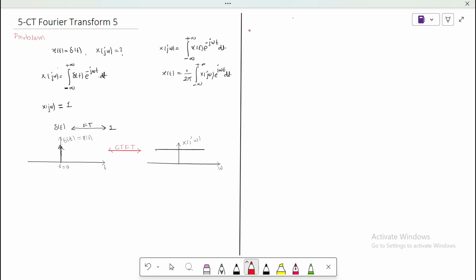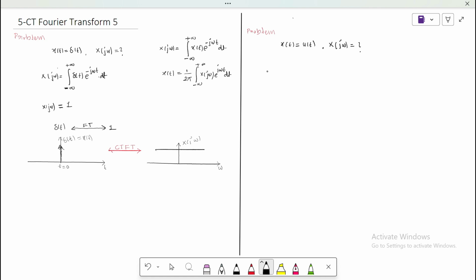Next problem. This x of t, so x of t equal to u of t. For this, what is the Fourier transform? So this x of t, u of t is a unit step function.